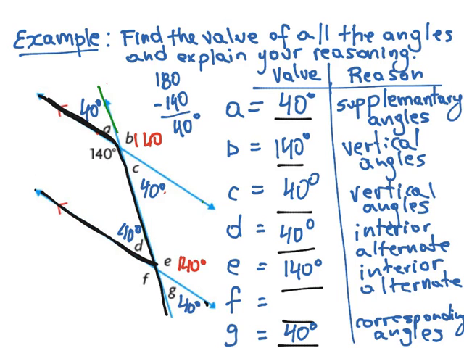Therefore, this angle right there, 140, and F are corresponding angles. So 140 is equal to F because of corresponding. And make sure you write the word angle, but I don't have much space, so you'll have to forgive me.